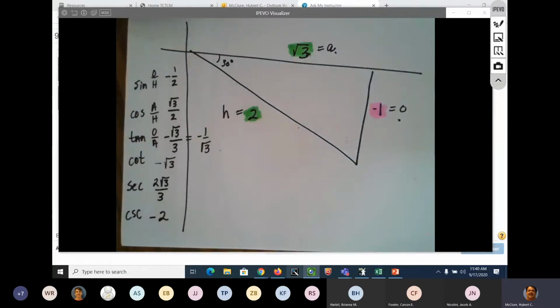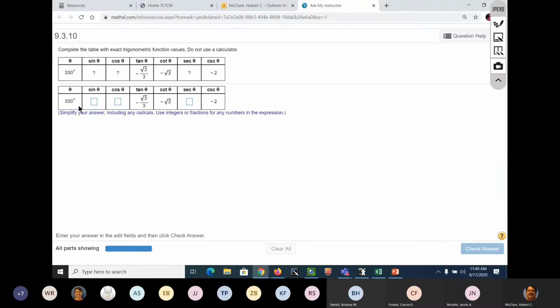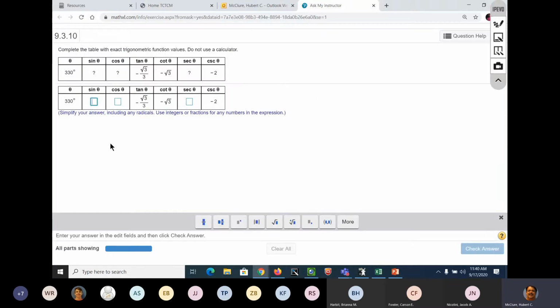So let's go back and look, unless I've done something crazy. Sine is equal to -1/2. Cosine is equal to square root of 3 over 2.